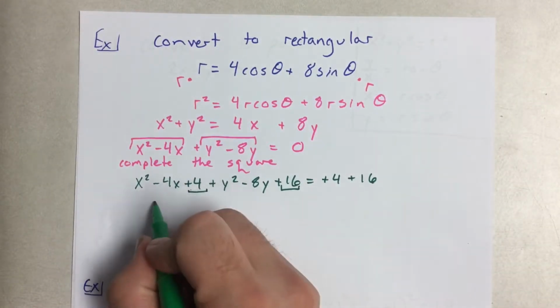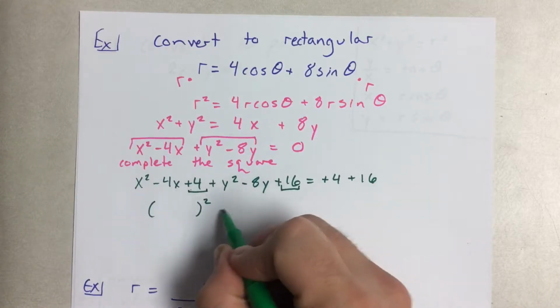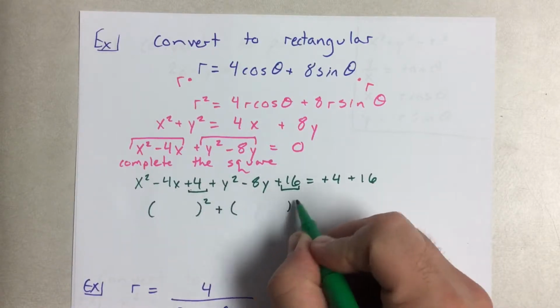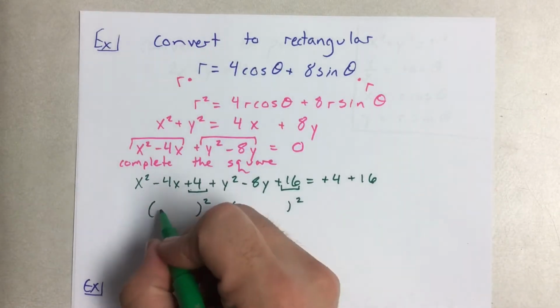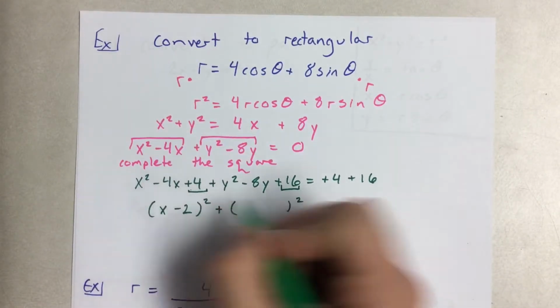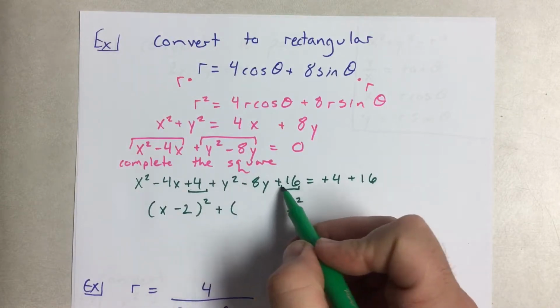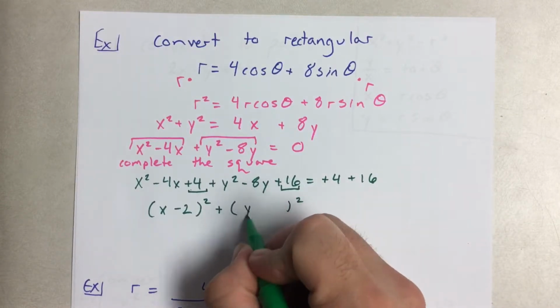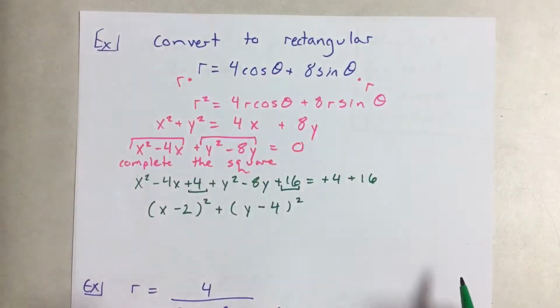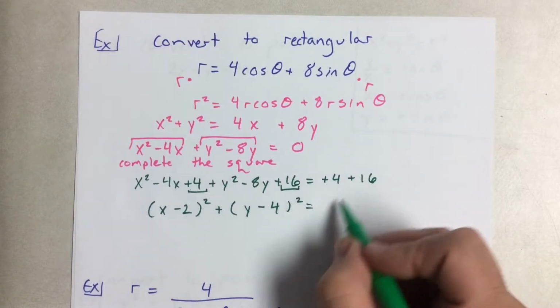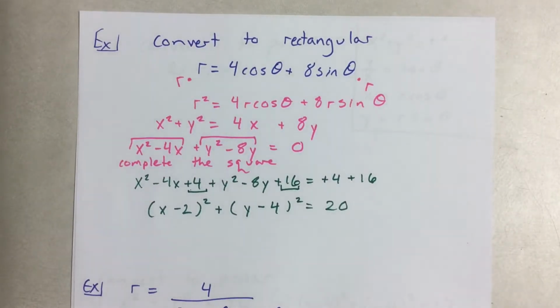We did that so that I can condense both of these groups. So x squared minus 4x plus 4 condenses to (x minus 2) squared. y squared minus 8y plus 16 condenses to (y minus 4) squared. Again, reviewing completing the square would help you with all of this. And then we get 20. So now we have our equation.